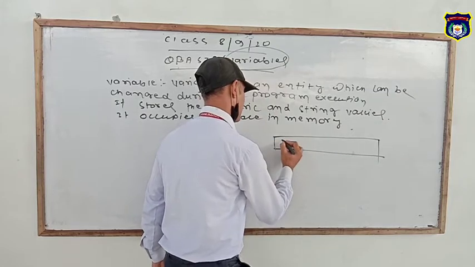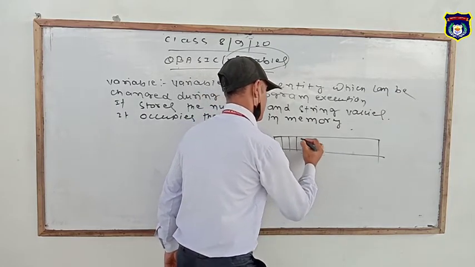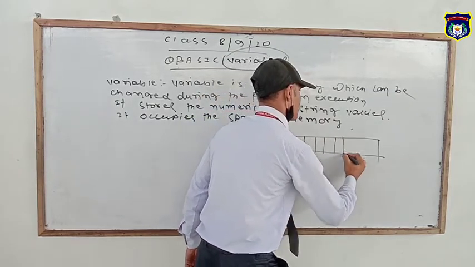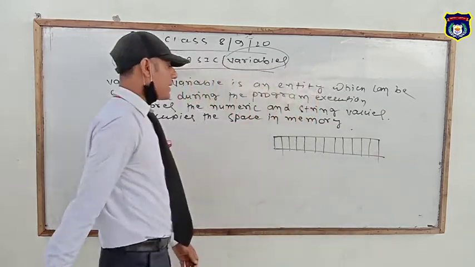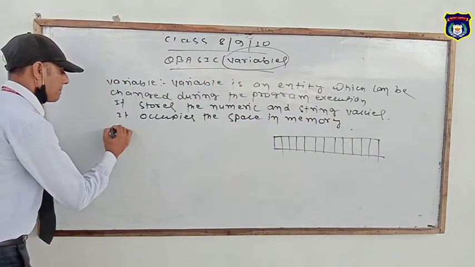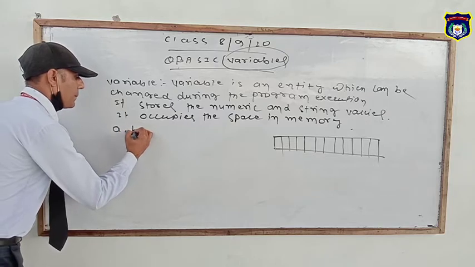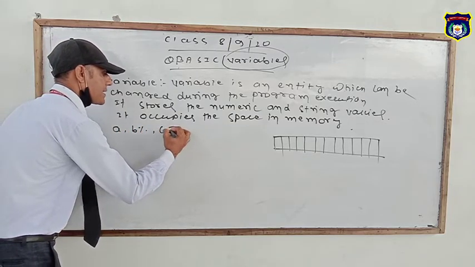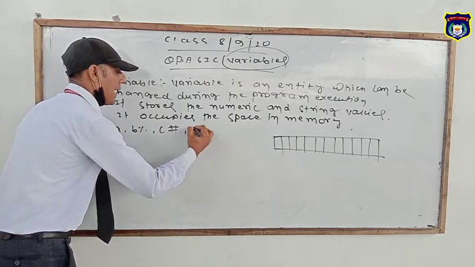This is memory. And these are the index, which is also called a table. And A, comma, B percent, comma, C has, comma, and dollar.